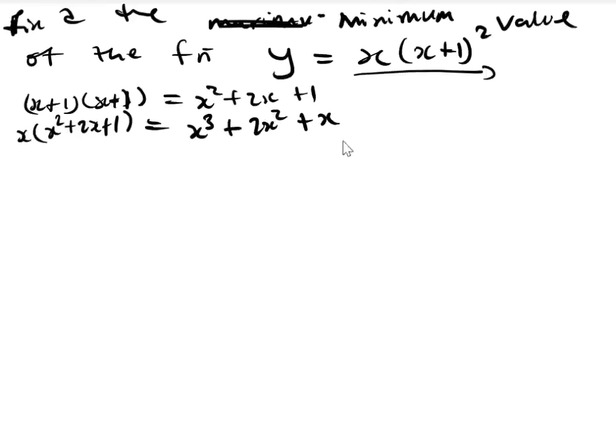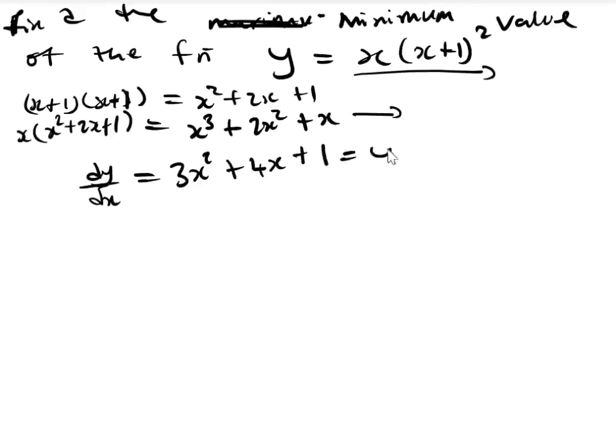Now, for us to solve using this equation, we have to note that at minimum or maximum, dy/dx is equal to 0. Therefore, dy/dx is equal to, differentiation of this is 3x squared plus differentiation of this is 4x, and differentiation of x is 1, and this is equal to 0.